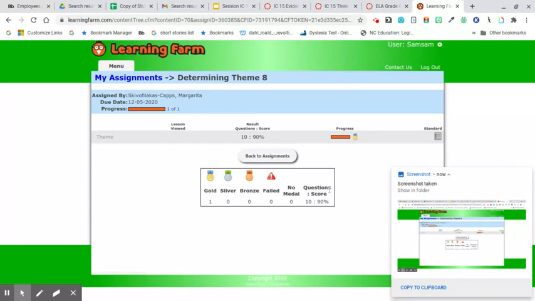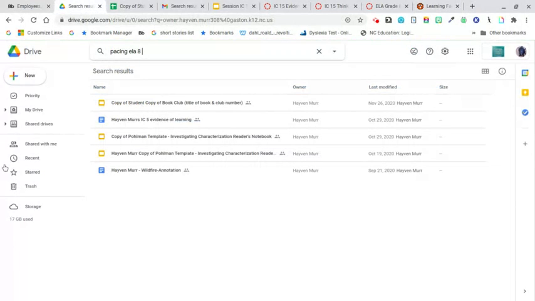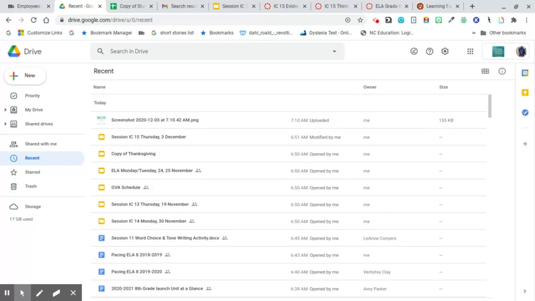In your form, at the bottom, it says to add a file. So you're going to click add a file, and you're going to find that screenshot in your drive under recent. Okay, there it is. Now I can see that it's a picture and not just a black bar, so I'm okay.